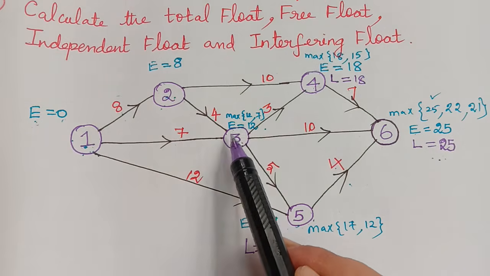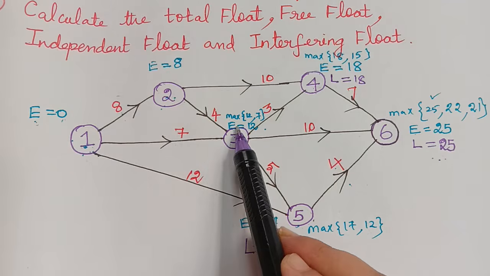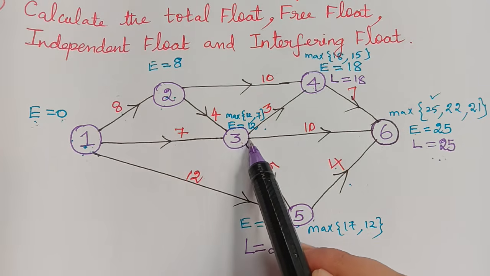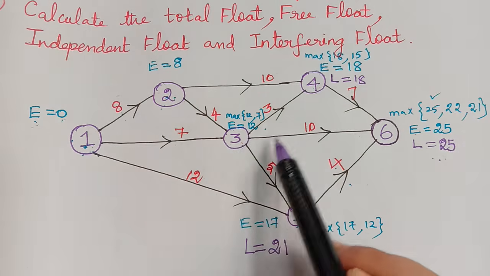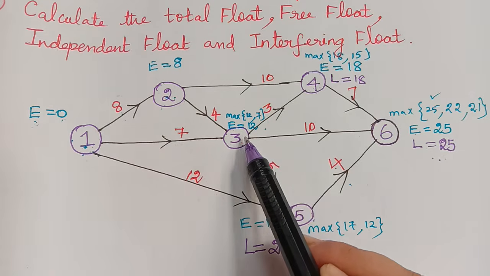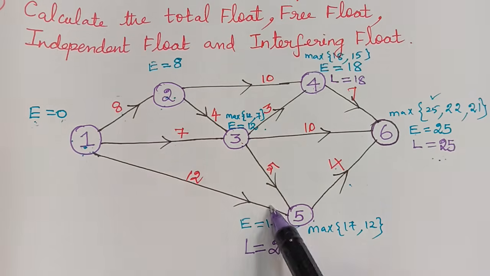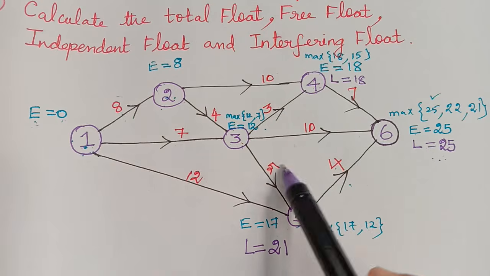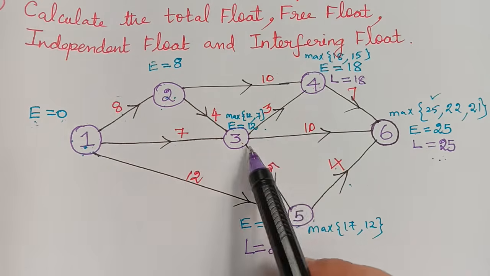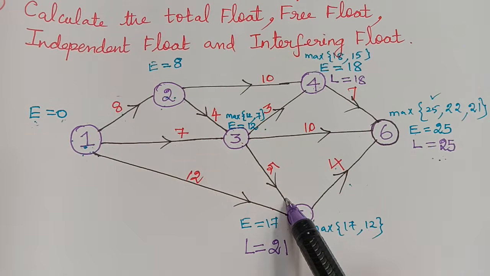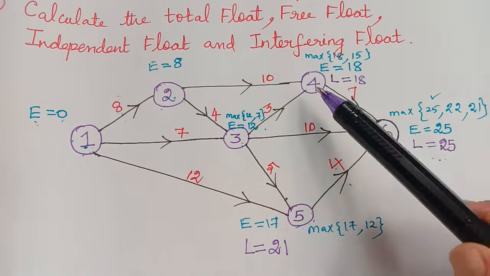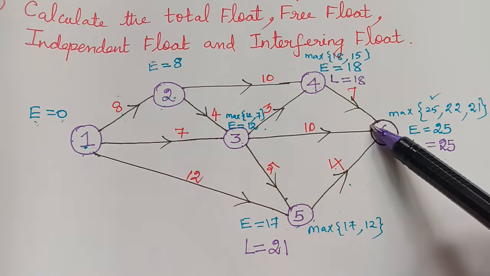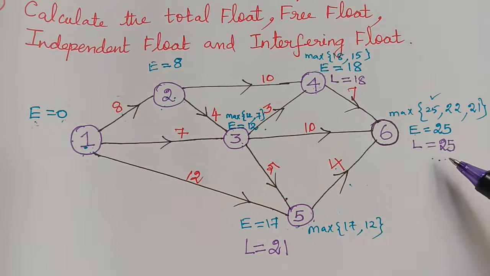To calculate the value of L for 3, we have to check how many activities are emanating from 3. We have activity 3 to 4, 3 to 5 and 3 to 6. So there are 3 activities emanating from 3, and for each we have to check. First, what was L for 6? It is 25.